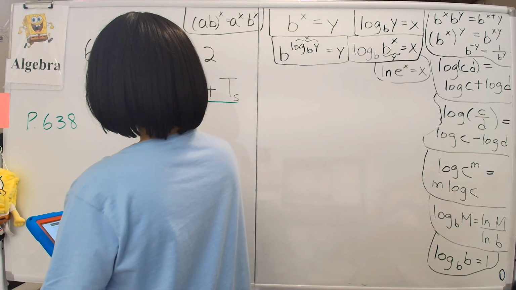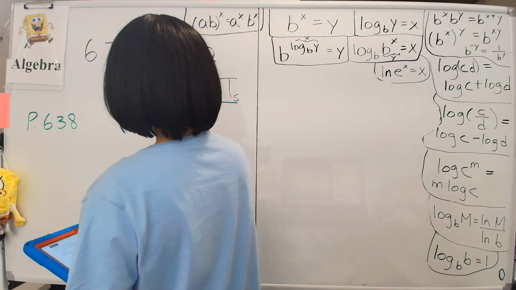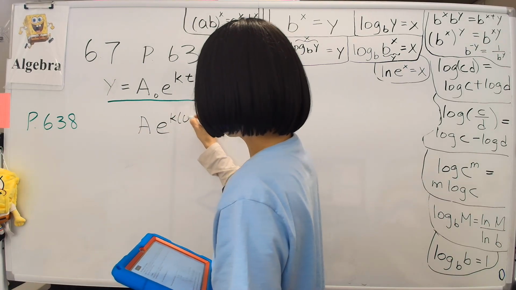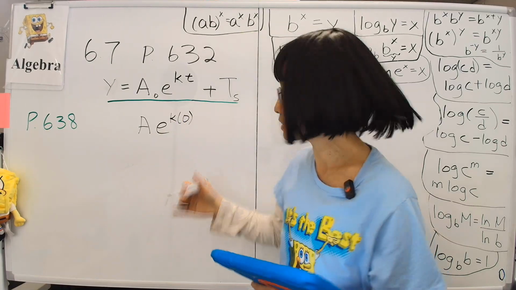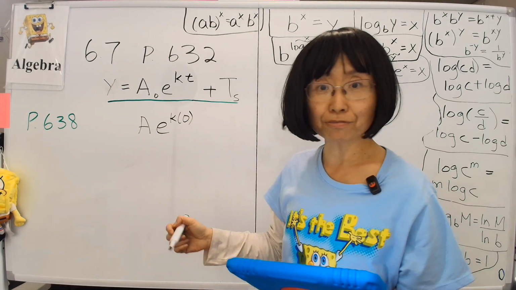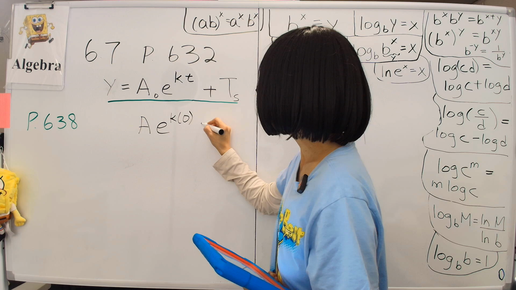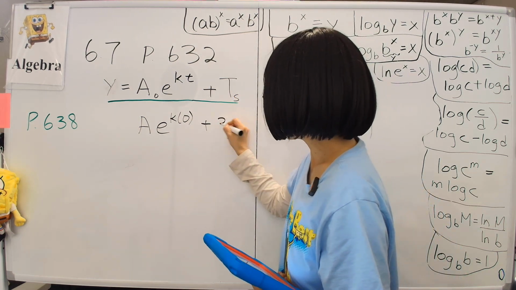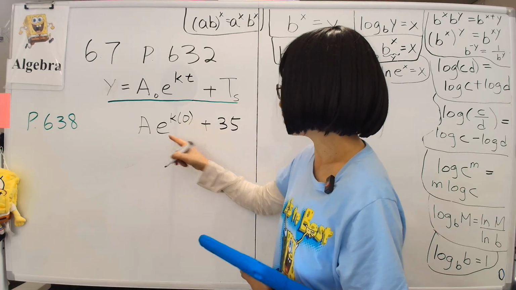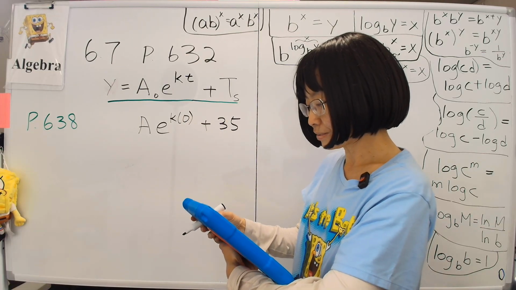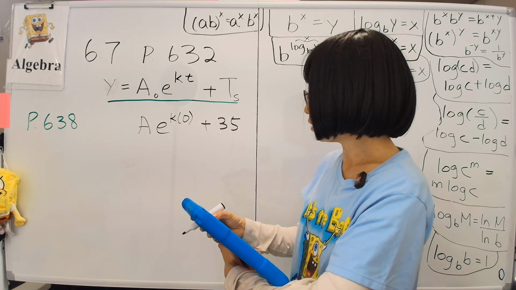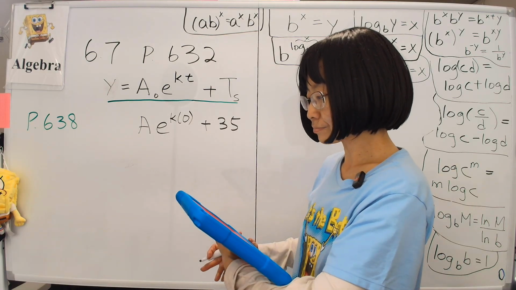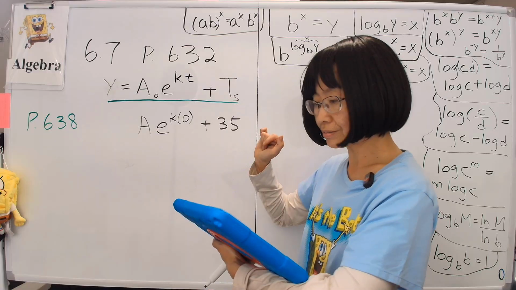We have A, e to the k times 0, time 0, that is when the cheesecake first got stuck in the fridge, plus the fridge temperature, which is its surrounding, is 35 degrees. The time is 0, and that's the beginning. So this is the original situation.